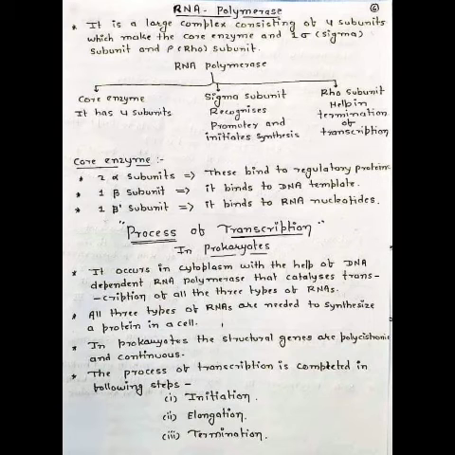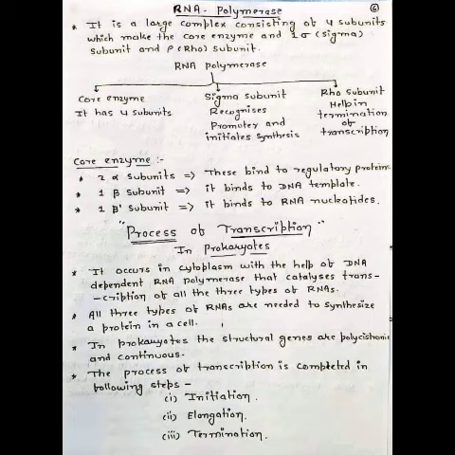Now the process of transcription in prokaryotes includes 3 basic steps: the initiation step, elongation step and termination step. This process takes place in the cytoplasm, and it is the DNA dependent RNA polymerase enzyme which plays an important role in transcription in prokaryotes.